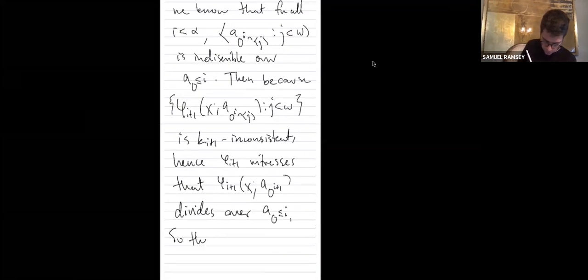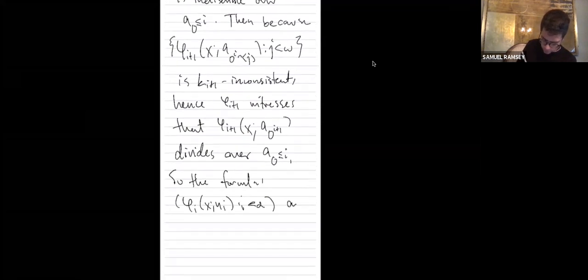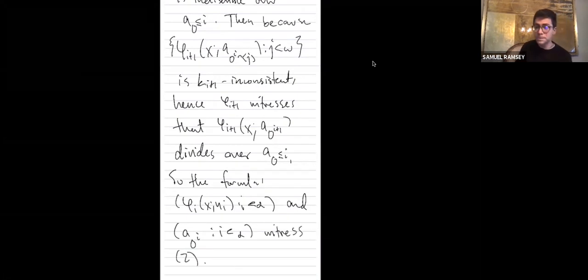So the formulas phi_i(x, y_i), i less than alpha, and a_{0^i}, i less than alpha, witness 2.